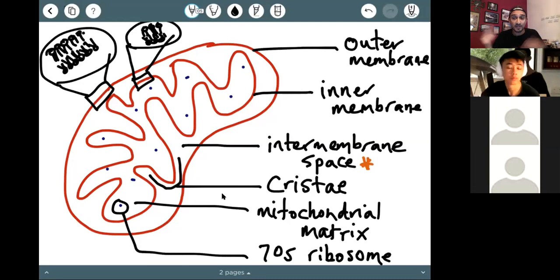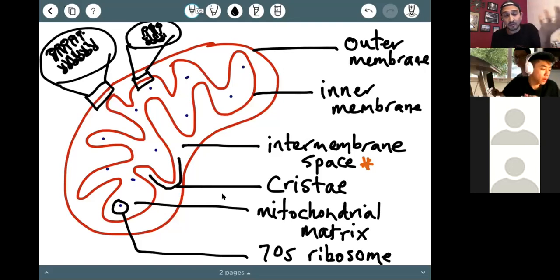Remember that once upon a time, one cell consumed another cell and didn't digest it, and then somehow they ended up working together, which tells us that the mitochondria was once like a bacteria that is now part of all eukaryotic cells, providing them with energy.